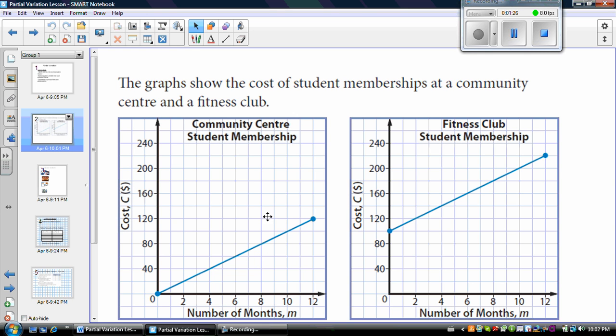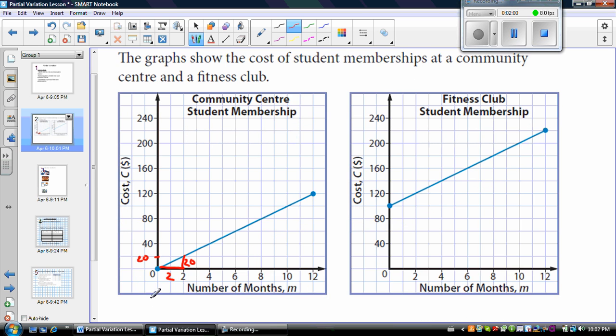Other than that, the rate of change or the slope of both of these lines looks pretty similar. And we can even go ahead and calculate the slope of each of those lines. The rise right here for this line would be 20, and the run would be 2.